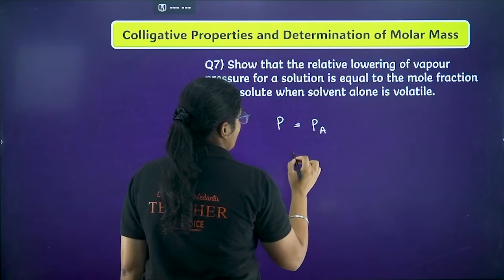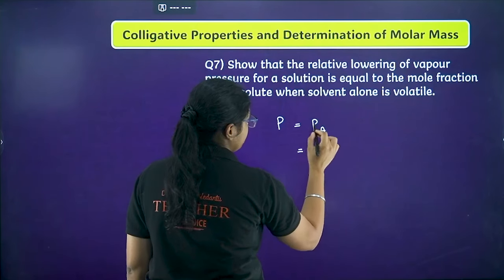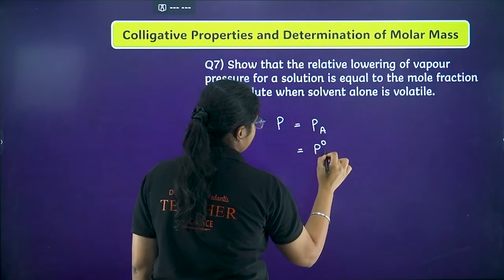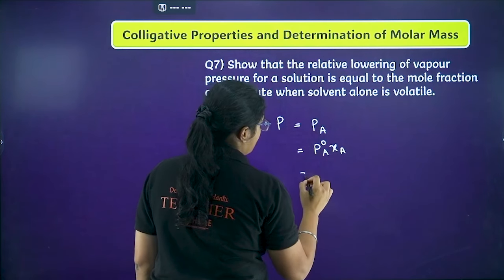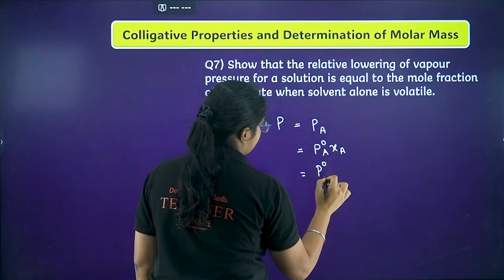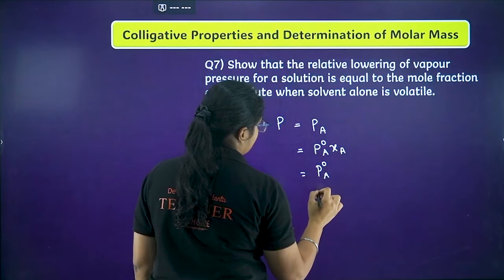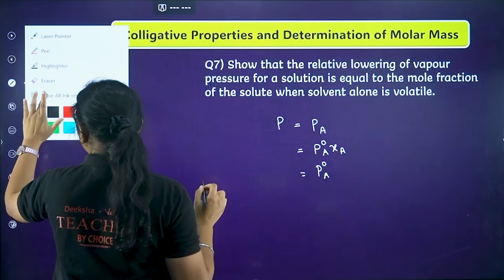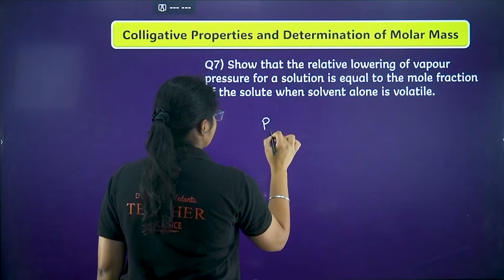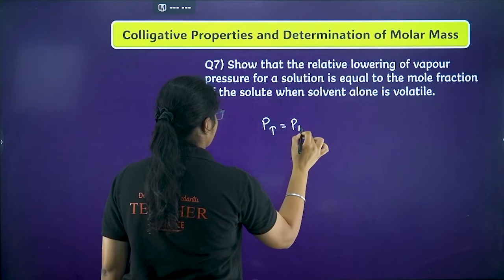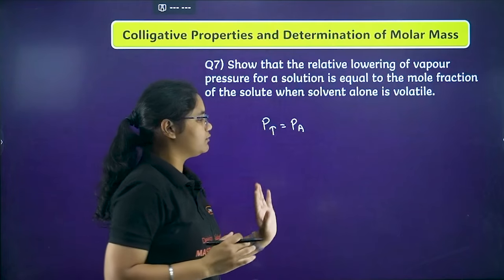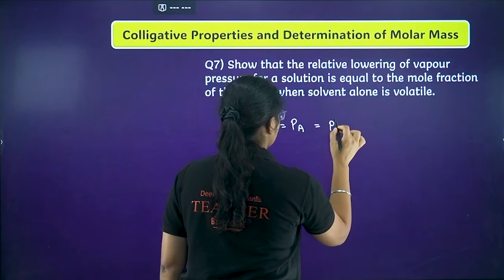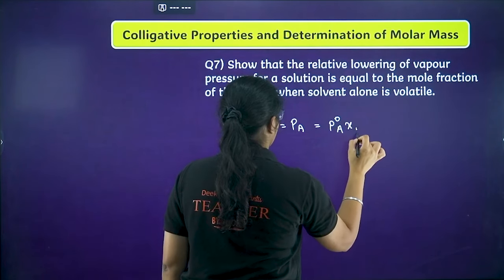Just one minute, I'll write it from the starting. We get P total is equal to PA, and what is PA equal to? P naught A XA, right?